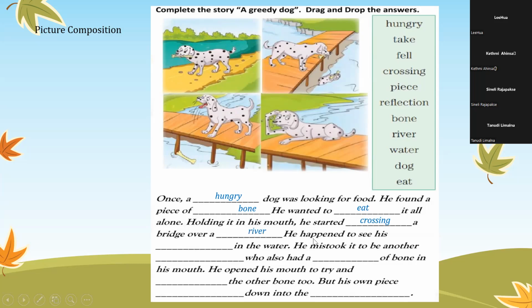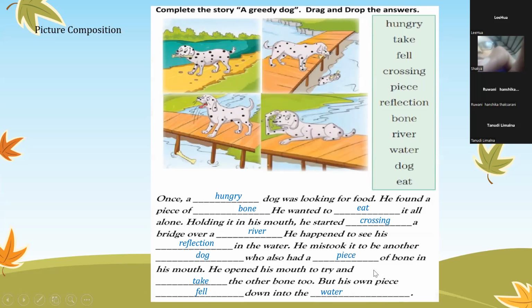He happened to see his reflection in the water. He mistook it for another dog who also had a piece of bone in his mouth. He opened his mouth to grab the other bone too, but his own piece fell down into the water.